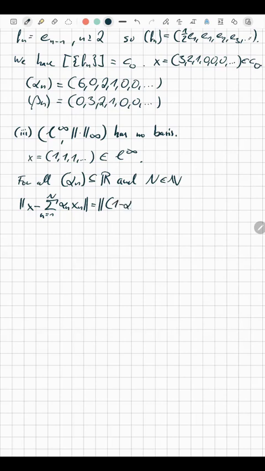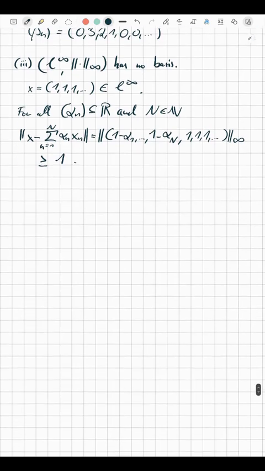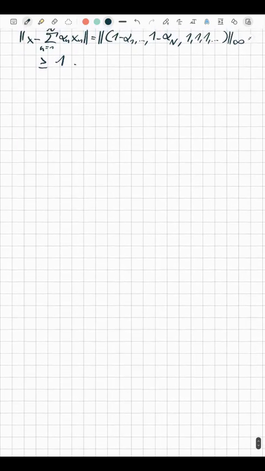We have 1 minus alpha 1, and then 1 minus alpha 2, and on until 1 minus alpha N. And then what follows is 1s. And we have this in the supremum norm, so this is obviously greater or equal 1. So this does not converge to 0 as we would want it for our definition of a Schauder basis. However, let's now move on to the next definition.